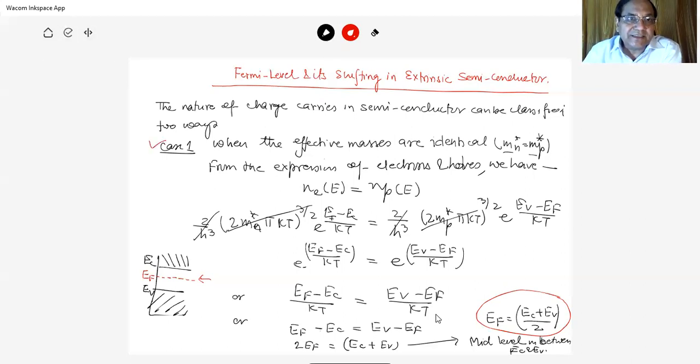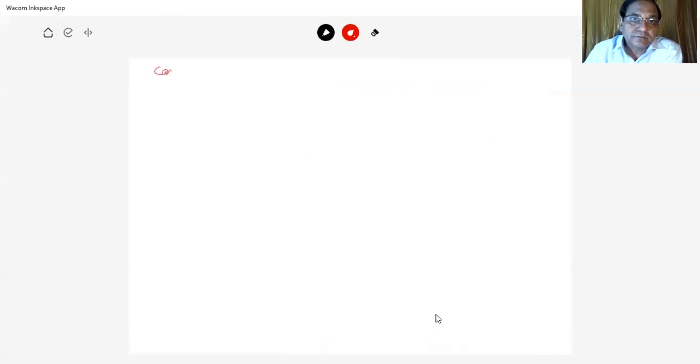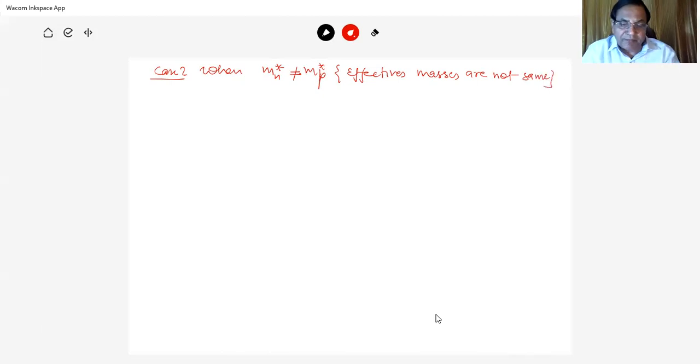Now the second case, when Mn star is not equal to Mp star, that is, the effective masses are not the same. Then what will happen?